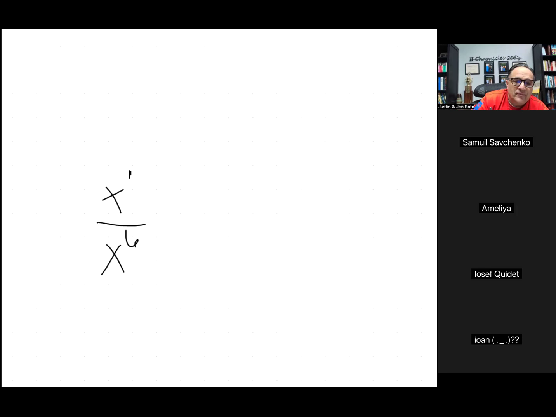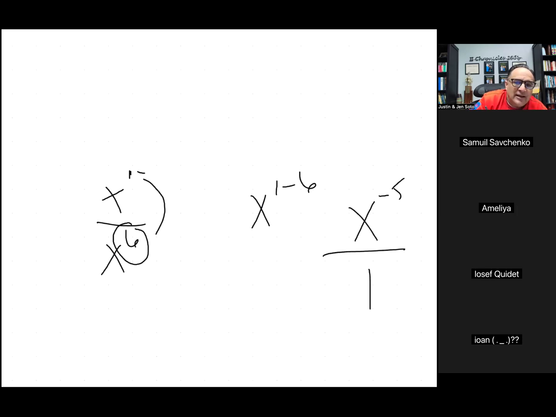So let's do this. Let's go x to the 1 minus 6 because we just took this number here and we subtracted it there. So now you have x to the negative 5th. Okay. Anytime you have a numerator with x to the negative power, what you have to do is just reciprocate it and go x to the 5th power, which is the same answer we just got.